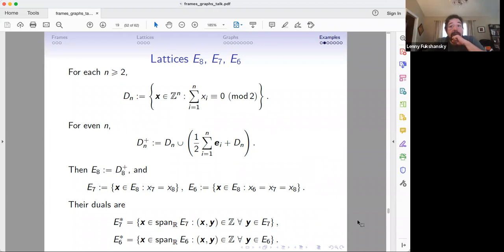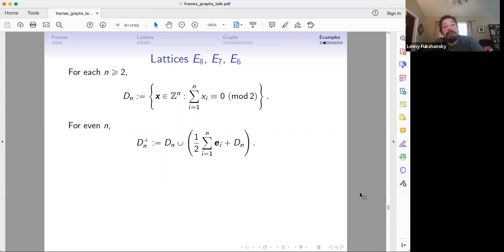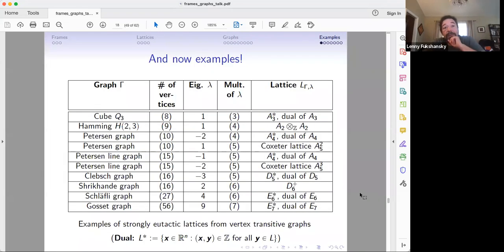Okay. So then there are two sublattices of E8, E7 and E6, defined respectively like this. And the duals of these lattices are E7 star and E6 star. E8 is self-dual, meaning that E8 star is actually equal to E8. Now, by the way, I should say that in this table of examples, I don't have E8. And that's not because I am shy and don't want to show you an example that leads to E8.